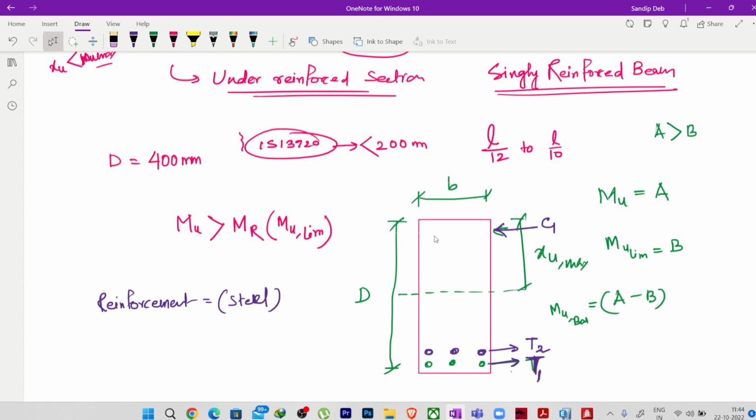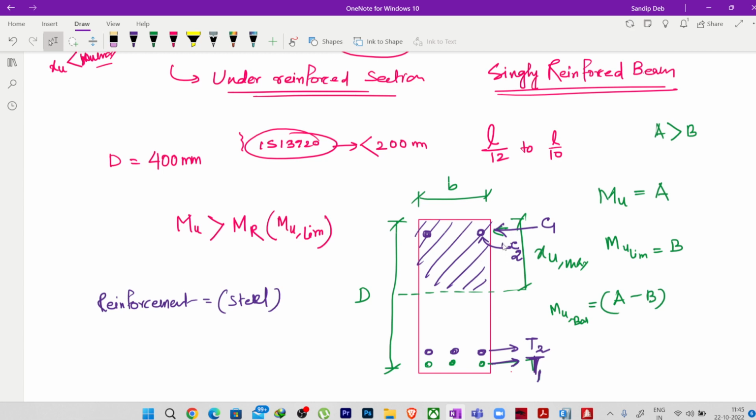In this particular zone the concrete is already stressed, so we cannot add any amount of concrete here. So what we need to do is provide reinforcement here to take some extra amount of compression, which is C2. Okay, so what have we done now?